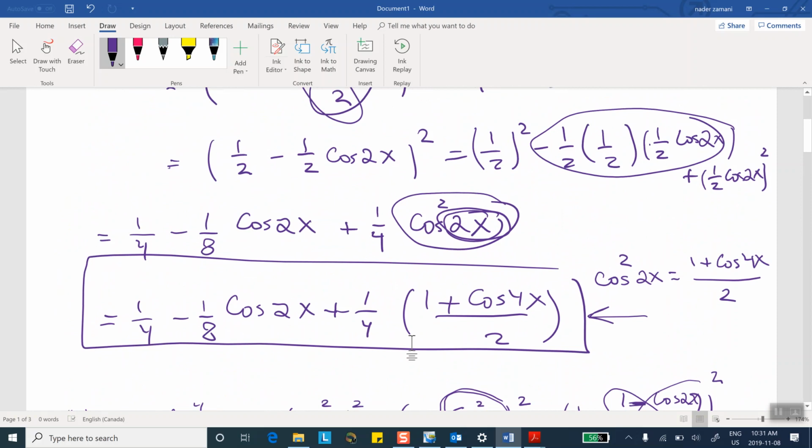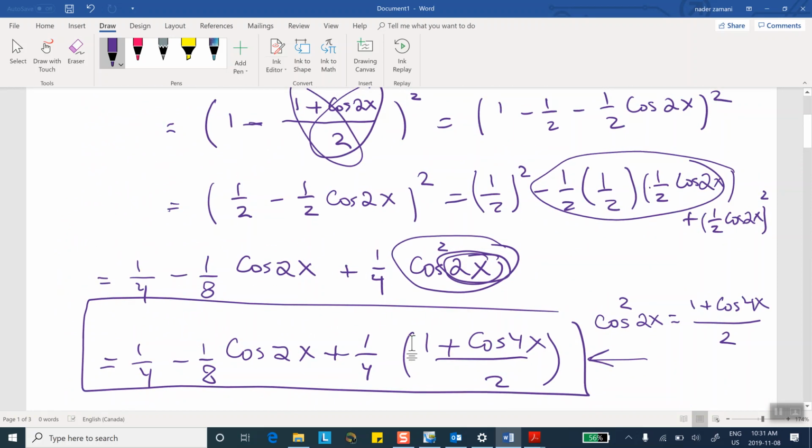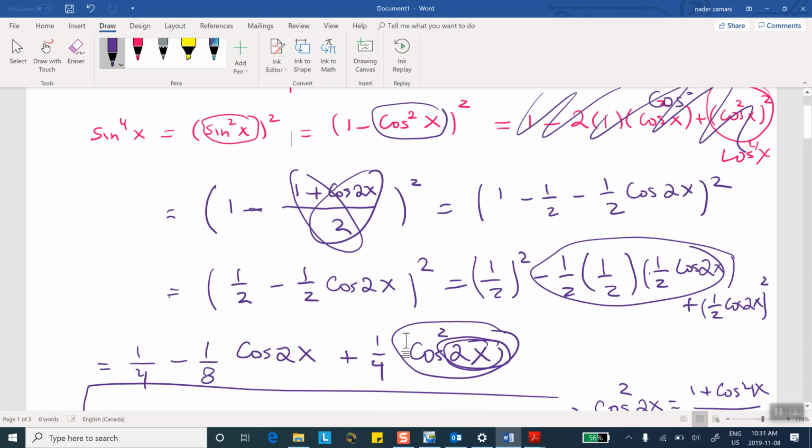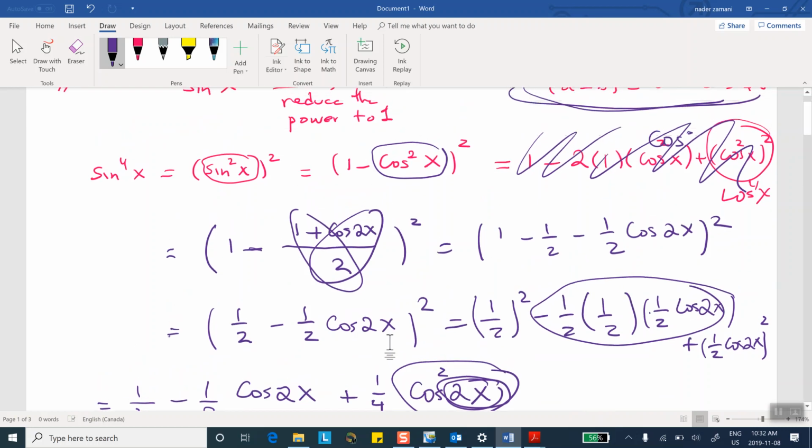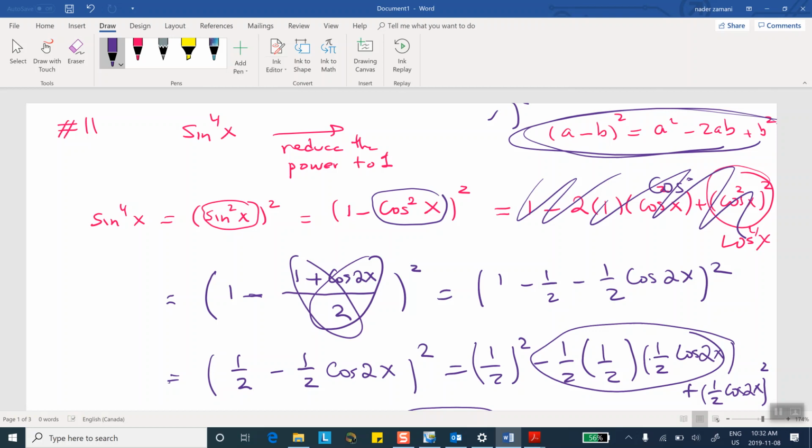I just realized something pretty bad. I am terribly sorry. Here, I'm missing a factor 2.